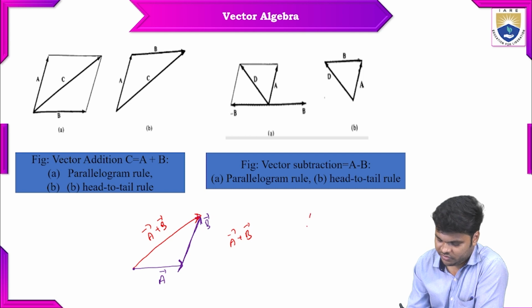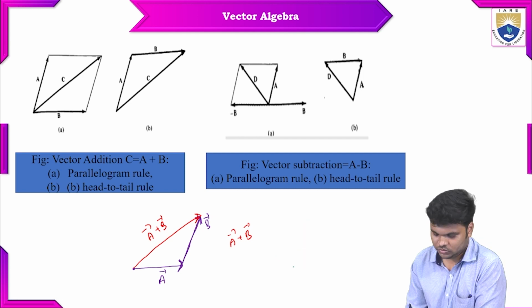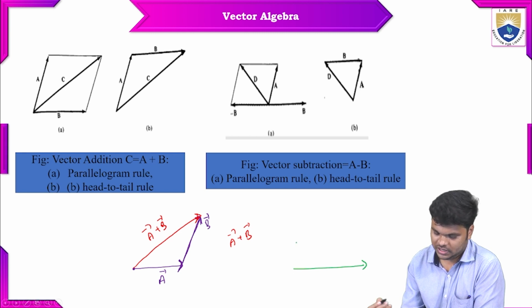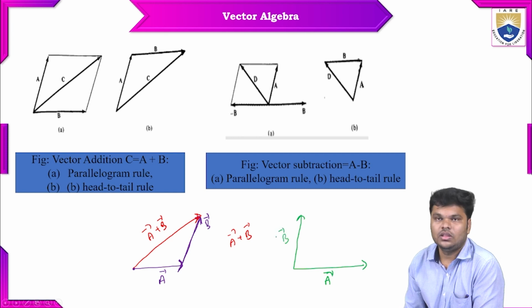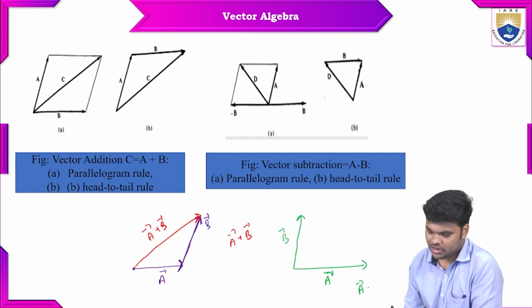Okay. Suppose I have a vector A like this and vector B like this, then how to find out A bar plus B bar?